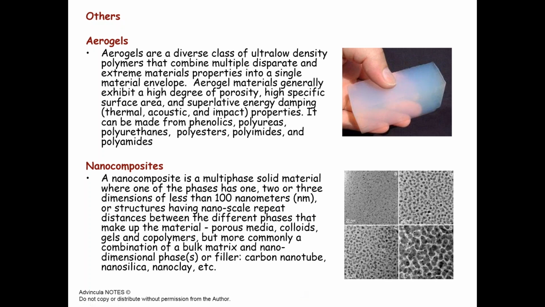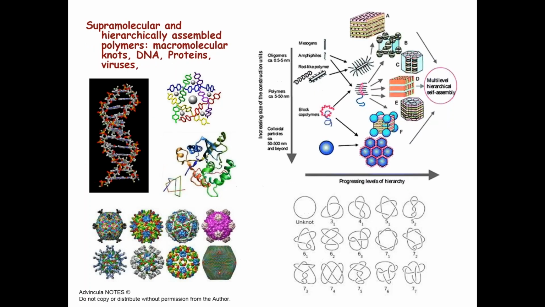Of course, a polymer can complex and form higher ordered hierarchical structures, or polymers can be entangled in a very unique knot or manner, or even a virus can be classified as a polymerization of different proteins to produce icosahedral structures like this.